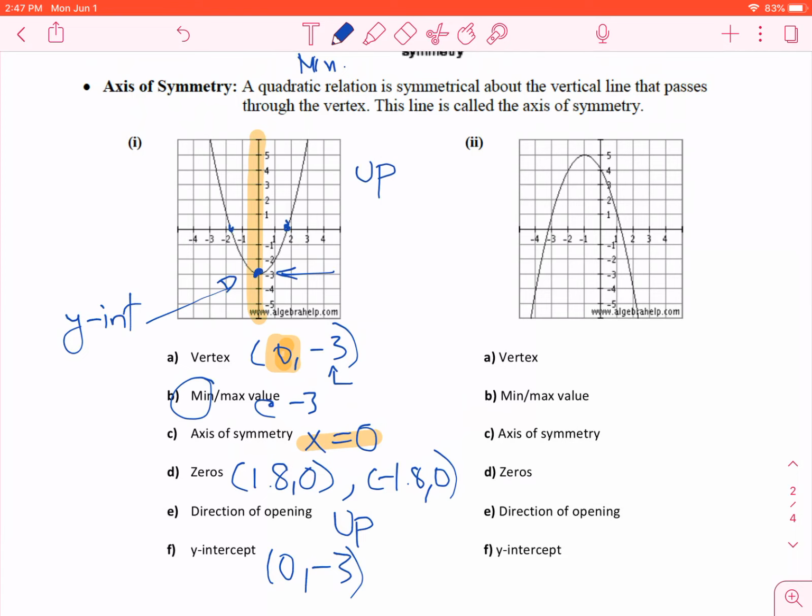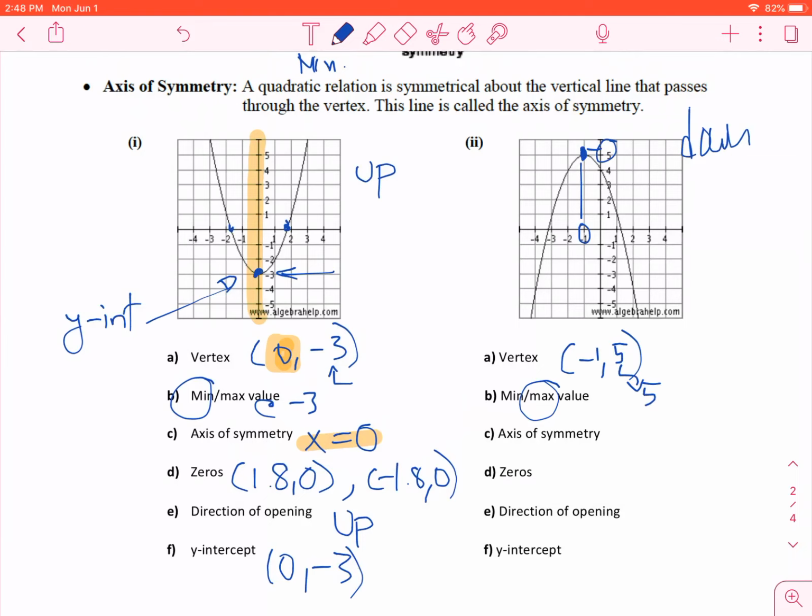Okay. All right, let's try another one. So this parabola to the right has a vertex at (-1, 5), so we write that as a coordinate. Max or min value, well, this parabola opens down, and parabolas that open down have a max value, and we need to write where this max value occurs.